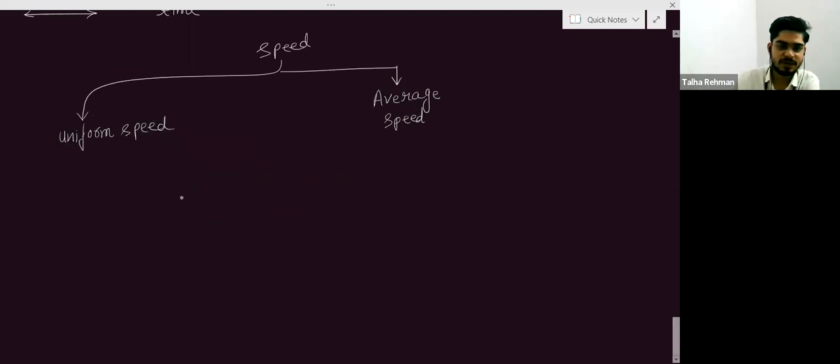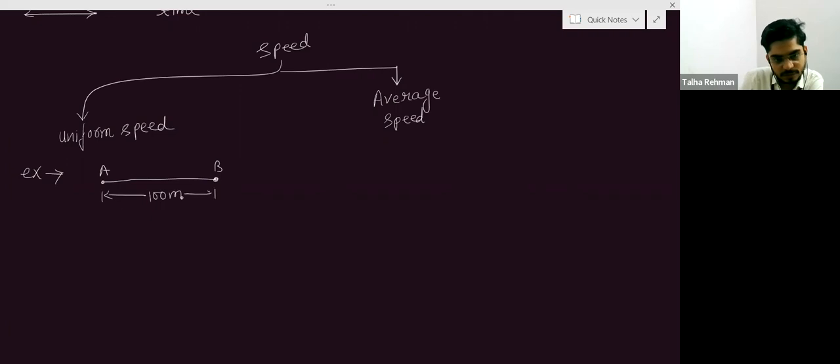You can calculate. Example I am taking. I am moving from A point to the B point, and this distance is suppose 100 meter, and the time taken by me to cover this distance, small t is the time, is suppose 10 seconds.